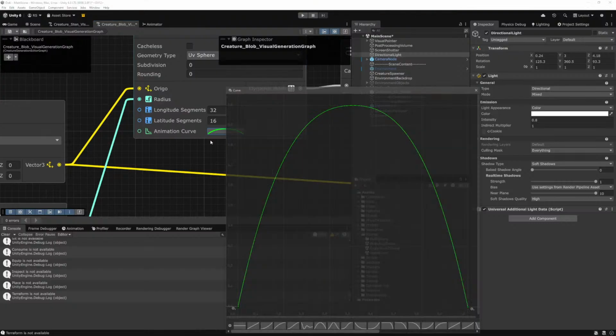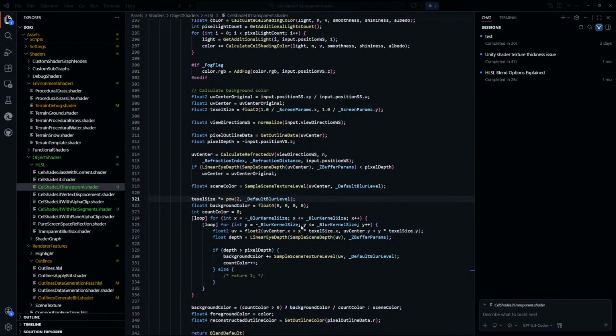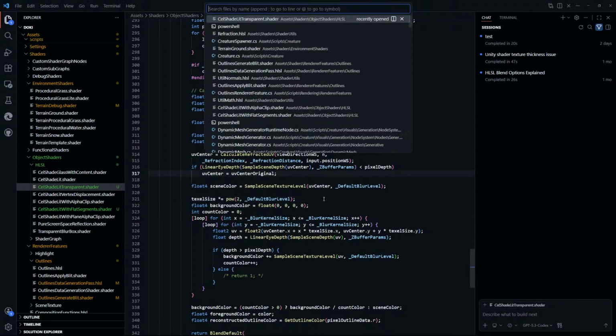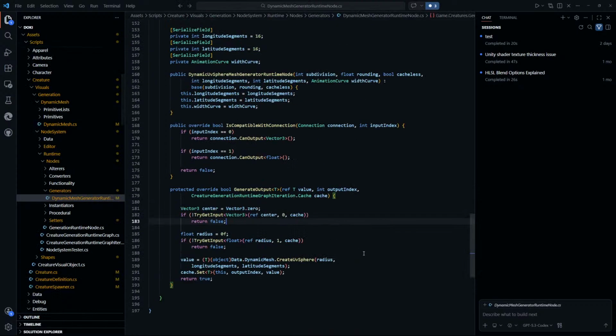Yeah, so we have this animation curve that decides the shape. I'm gonna show how it looks if we let that animation curve decide how it looks.